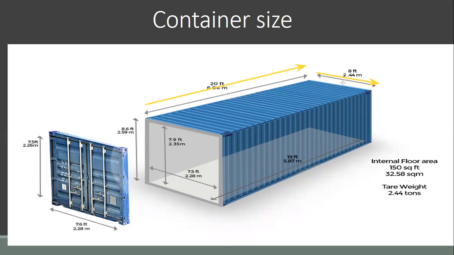Here 8 feet is the width, and the height of the container is 7.5. So we can say the height of the container is 7.5 and this is also 7.5. Width and height are 7.6 feet and the length of the container is 20 feet.